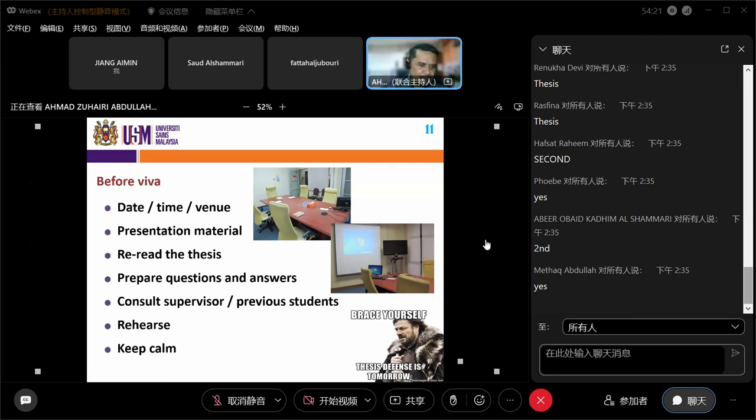We contacted the student because the student was not there when the Viva was about to start, and it happened that the student was in Kelantan at the time. It's too bad, right? It happened. So make sure you take note of the date, the time, and also the venue.